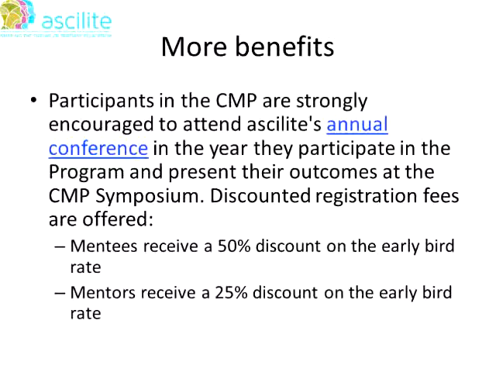The ASCILITE conference is in Perth at the end of the year, end of November, at Curtin University, and I believe they are out to do a wonderful job and really impress people.